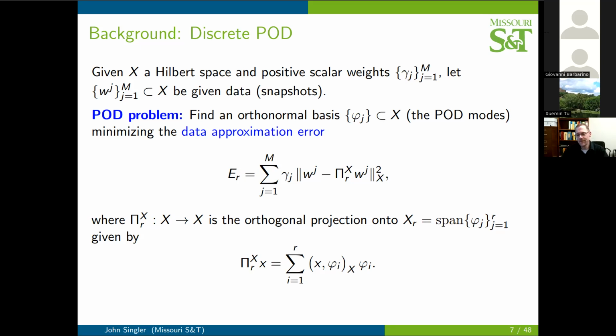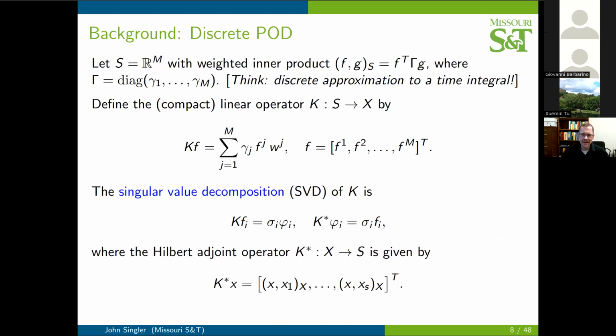And again, if it's a finite element space of functions, it can still be a functional inner product, but it's computable, right? Okay, so what I'm going to look at here is this in terms of a singular value decomposition. In a sense, POD and singular value decomposition are really the same thing.